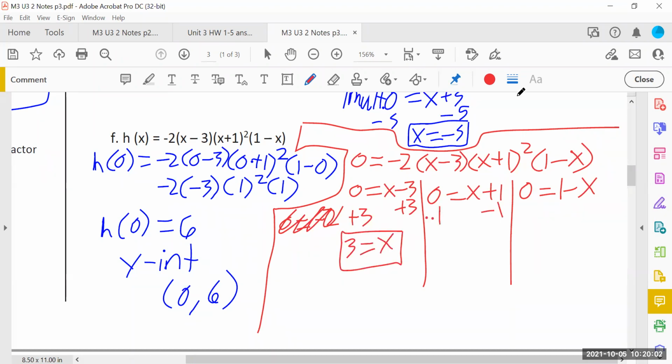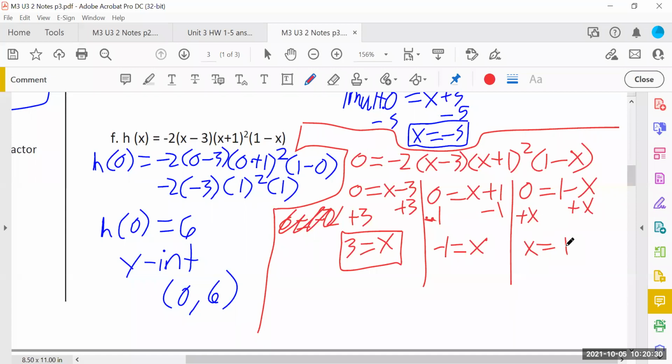Negative 1 equals x. And then this one's kind of interesting. I could either subtract 1 or I could add x to both sides. If I subtracted 1, I'll get negative 1 equals negative x. Either way, I can multiply that by negative 1 then, but I should end up with x equals positive 1 when I'm done with that one.